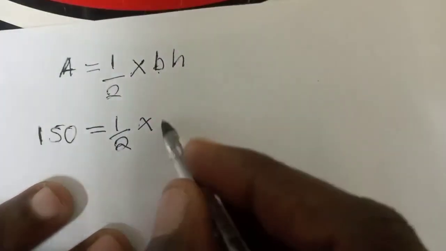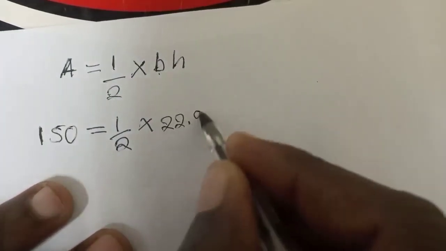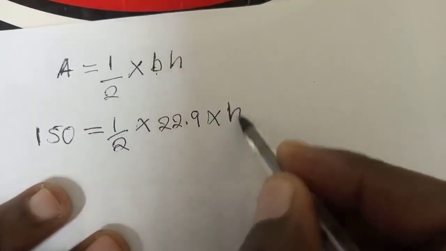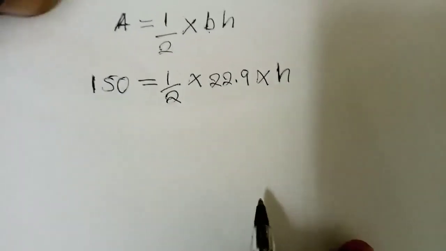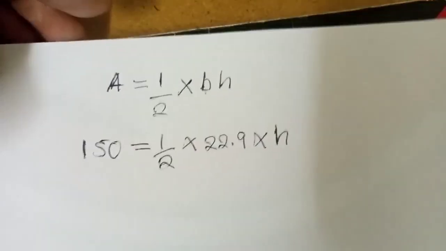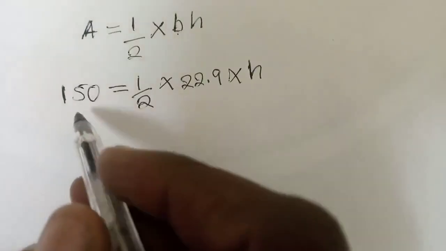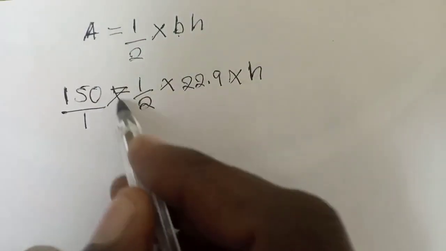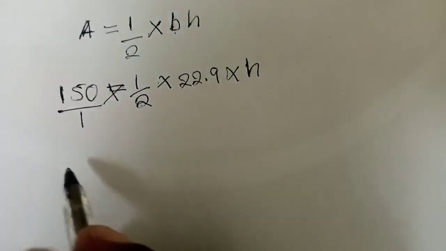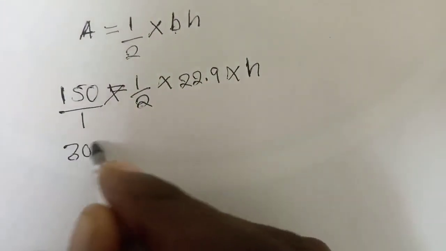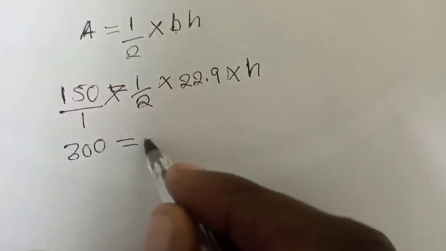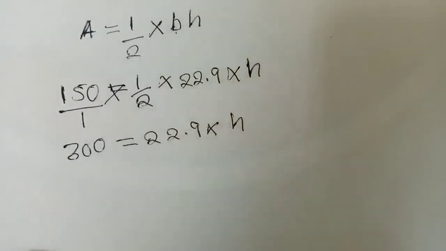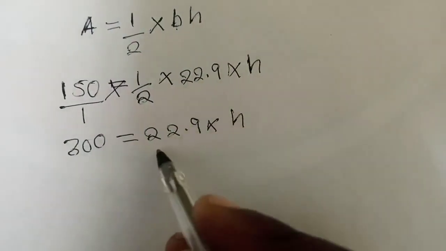So b is 22.9, multiplied by h. h is what we are looking for as the shortest distance. When you reach here, you cross multiply, so it will be 300 is equal to 22.9 multiplied by the shortest distance h.